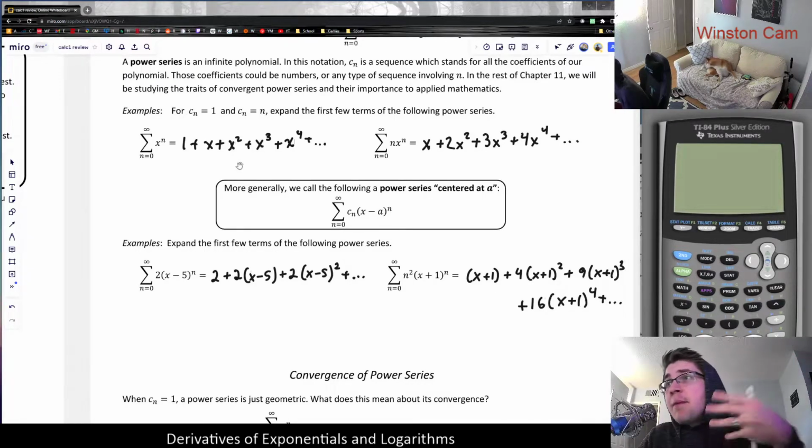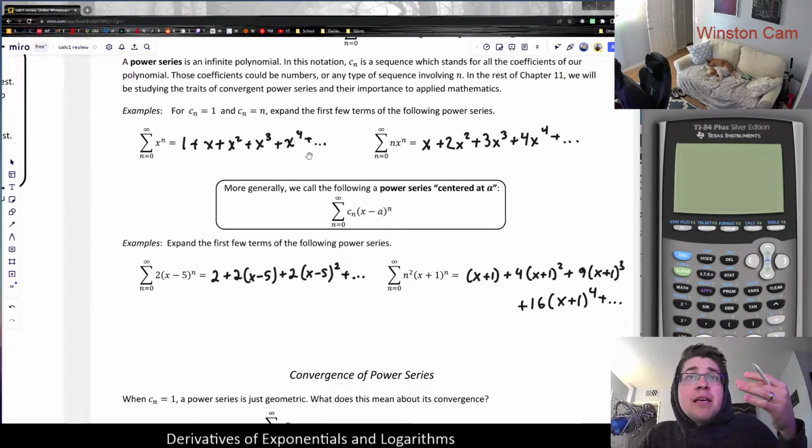Essentially, x is our typical variable in math, which we use in equations and functions to describe something, and a power series is no different. We could plug in any x we want. The issue is that for certain values, a power series might diverge, and that's exactly why we first need to know when these converge.